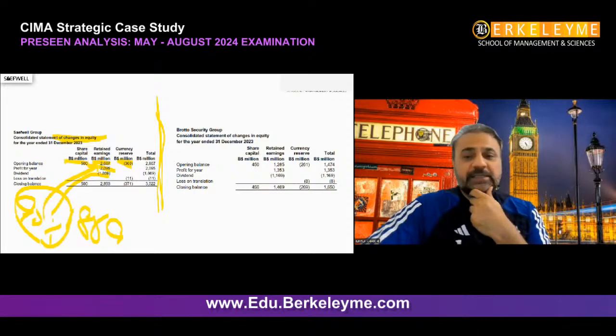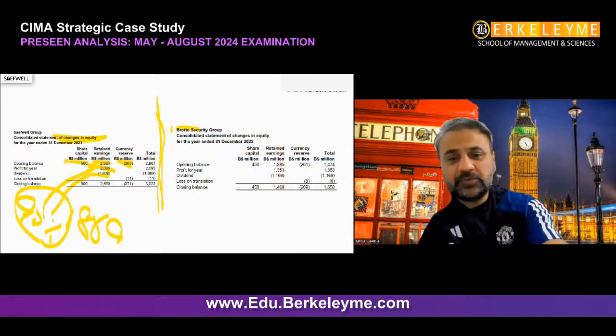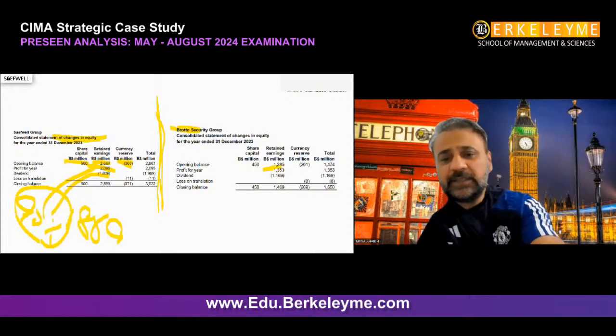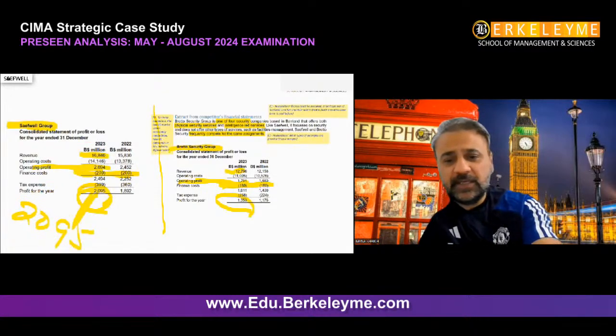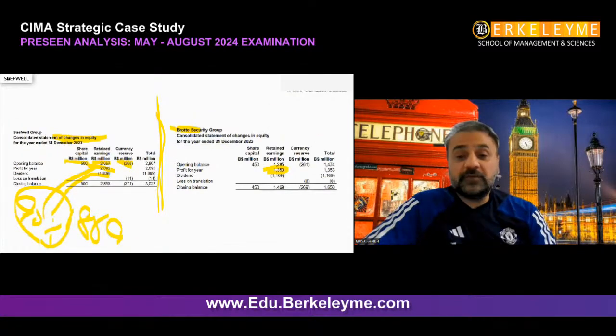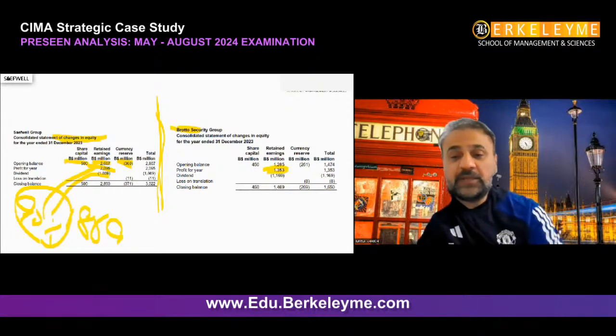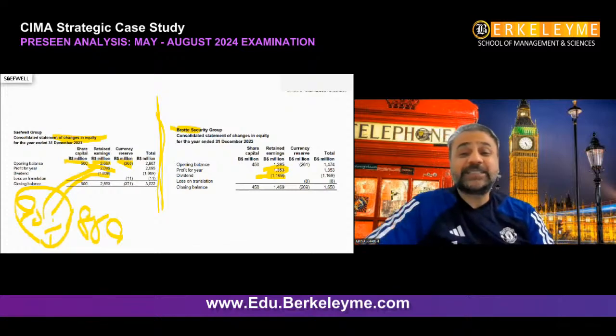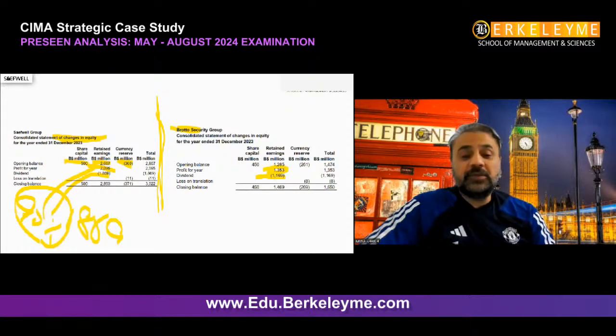Now let's go and see the competitor. This is Brutto, whose profit for the year was 1353, which you can see here. 1353 is in the statement of changes in equity, and you can see that out of 1353, they have given 1169, quite a huge return on profit as a dividend.